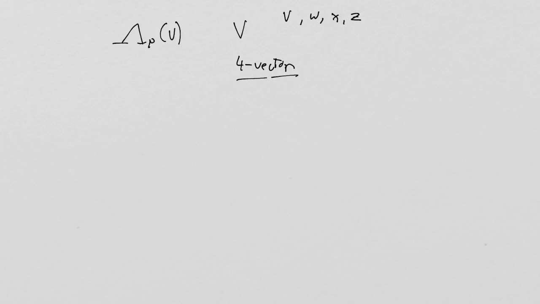But this is now a 4-vector in the sense that we're talking about p-vectors, which is an element of an exterior power. Unrelated concept. But a 4-vector would now be v wedge w wedge x wedge z. That would be a simple 4-vector.